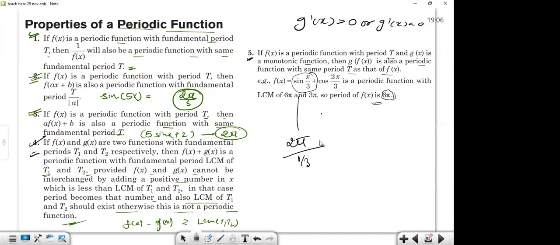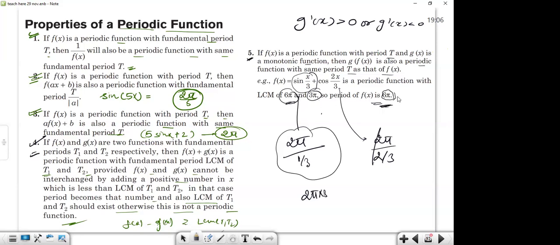So 2 pi divided by 1 by 3 is 2 pi into 3, which is 6 pi, and 2 pi divided by 2 by 3 is 3 pi, as the 2 cancels and the 3 goes up. So understood how 6 pi and 3 pi come here. The LCM of 6 pi and 3 pi is 6 pi, so 6 pi is the fundamental period of this f of x. Clear? Any doubt?